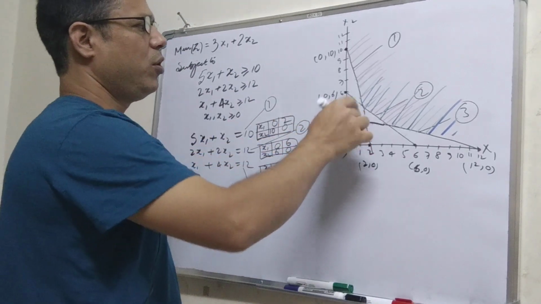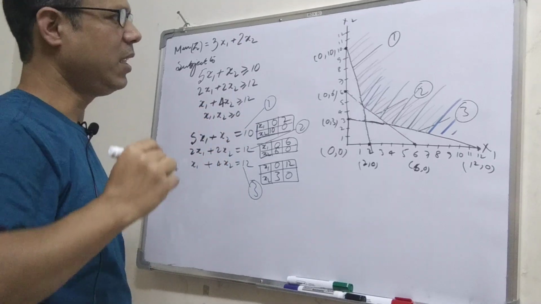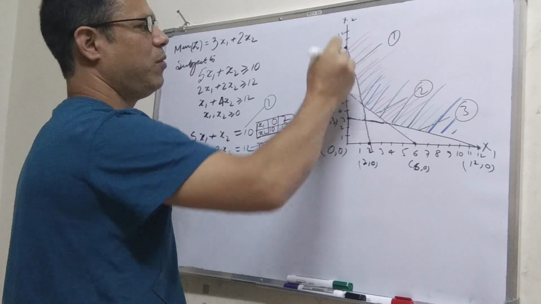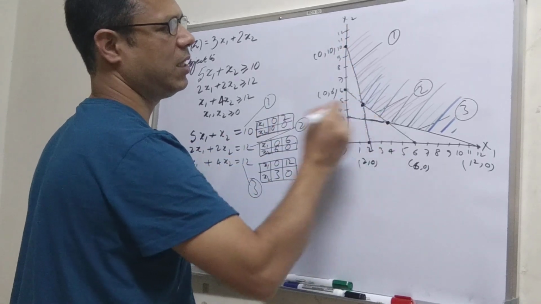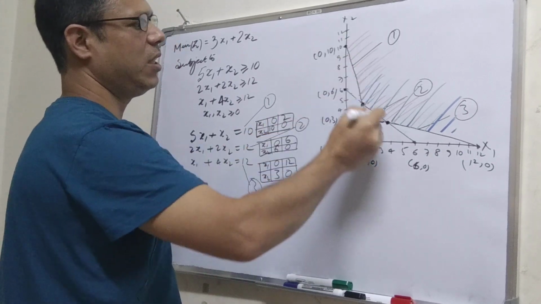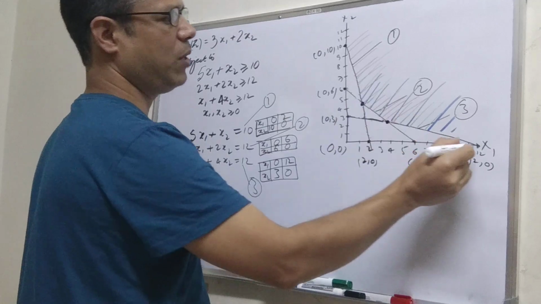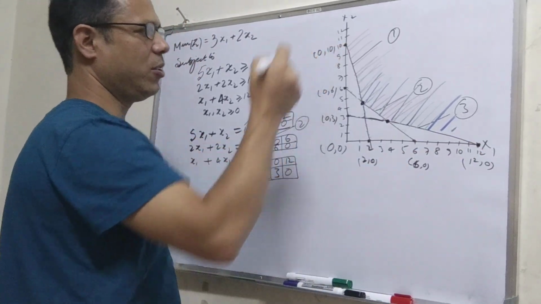I have introduced different colors just for easy understanding. But the concept is that at all times we need to find the intersected points. This is the intersected point from the second equation. This is the intersected point. So now we have these two intersected points here, and on the x2 axis this is the intersection point. This is the intersection point over the x1 axis. This one is the intersection point over the x2 axis.